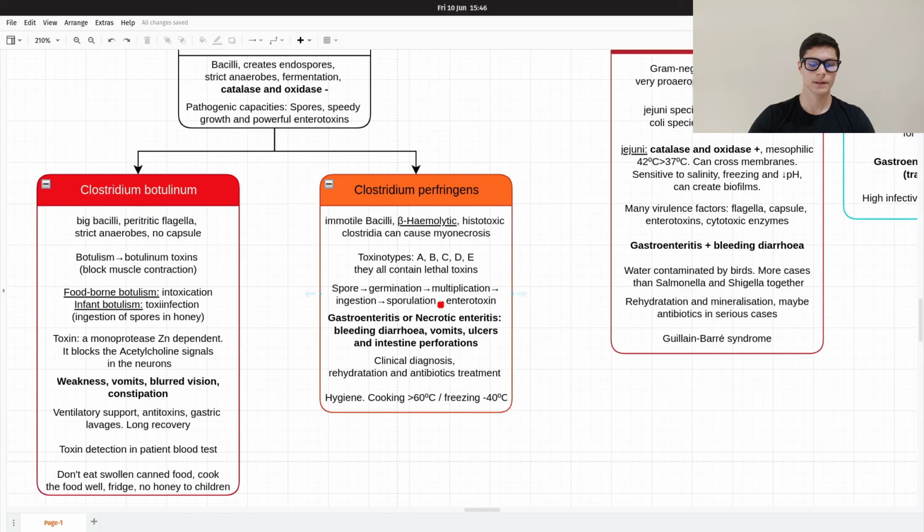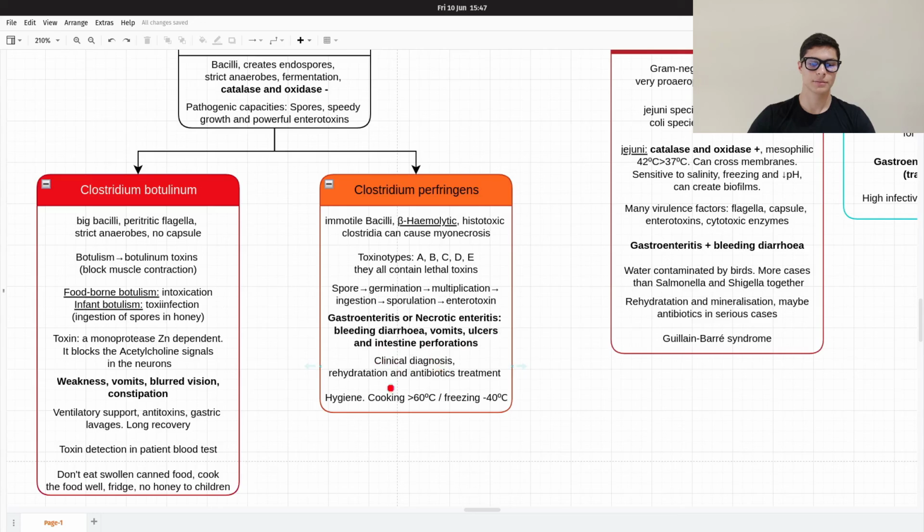The cycle starts with the spore, then germination, multiplication, ingestion of those germinated spores, sporulation inside our cells, and the enterotoxin is created. It can cause abdominal gastroenteritis or the necrotic enteritis, which is bleeding diarrhea, vomits, ulcers, and intestine perforations.